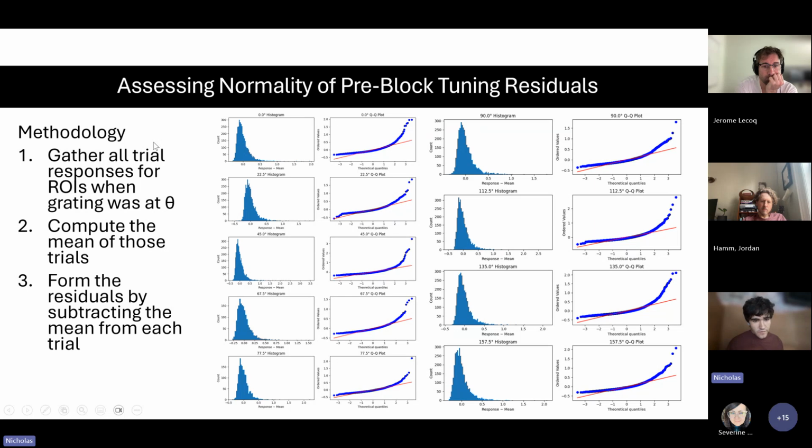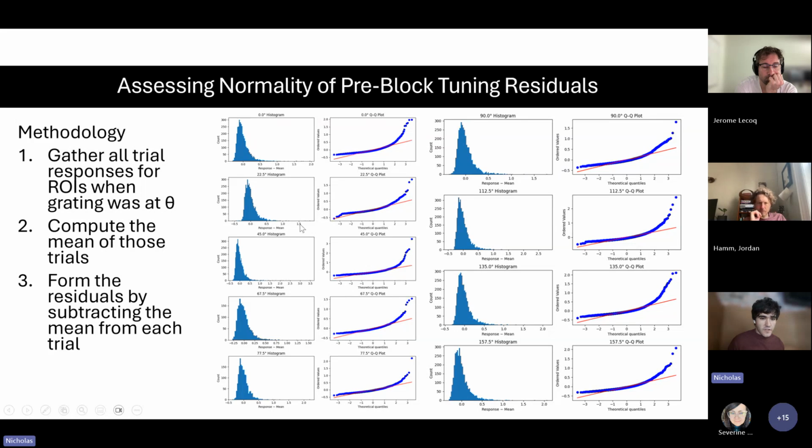And just for the purposes of visualization, I took all of these residuals and put them all into one big histogram. So what we can see here is that the residuals don't exactly follow a normal distribution.